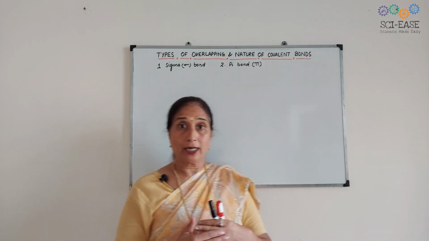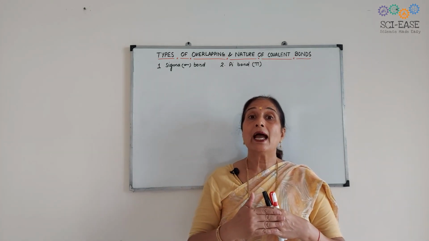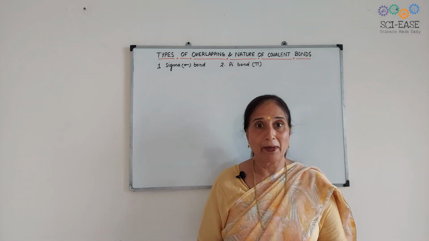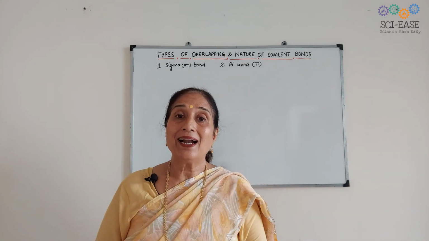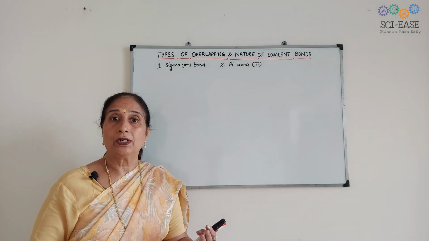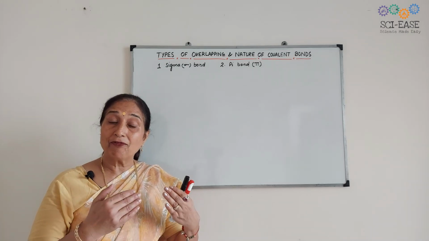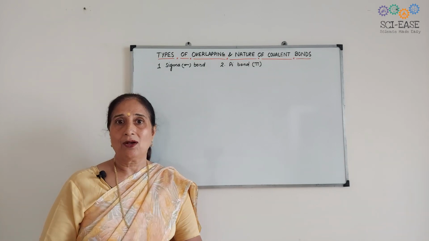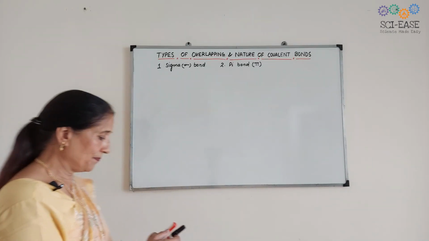And this bond is stronger because there is head-on, or you can say end-to-end overlapping. Now, this sigma bond results from the overlapping of different orbitals, so it is further classified into three types of overlapping that I am going to discuss.